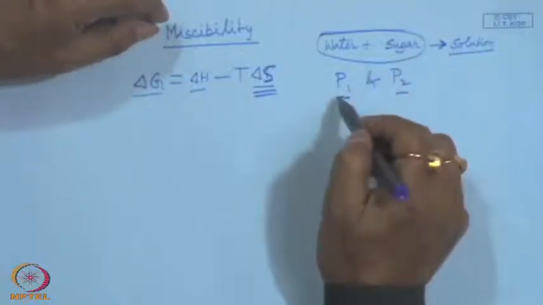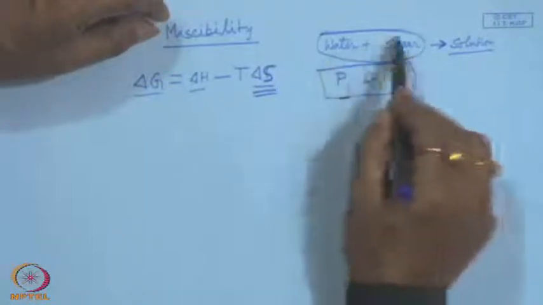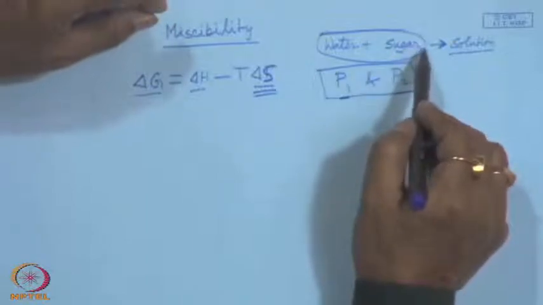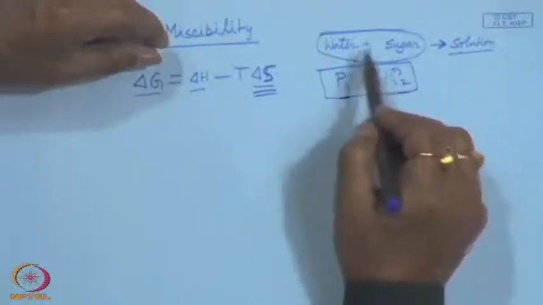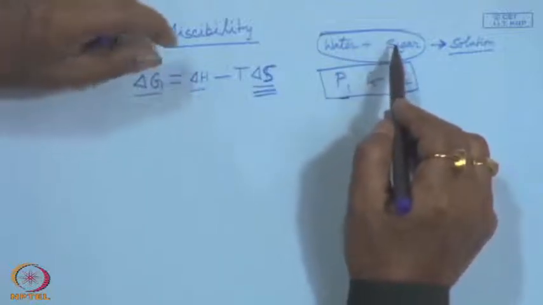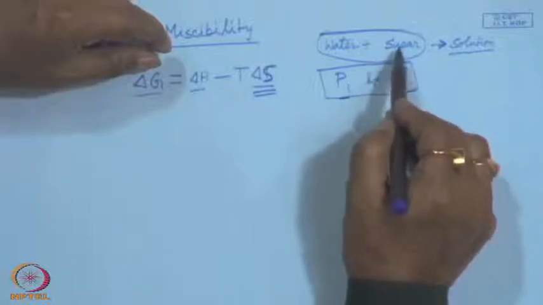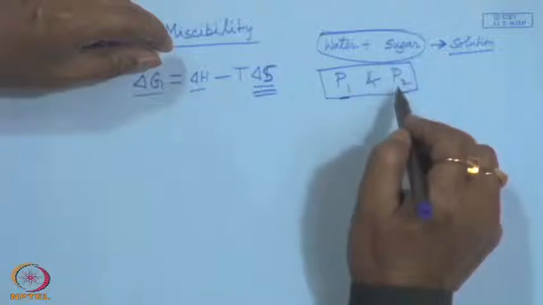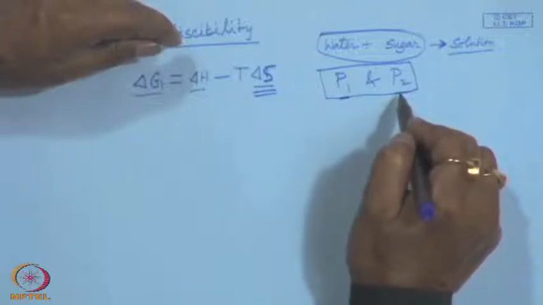Now, the picture is a little different in the case of polymers. In a simple solution, the entropy of mixing of sugar and water is quite high because of their discrete molecular nature. Here the entropy of these polymers will be very less, almost negligible, because of the high molecular nature.